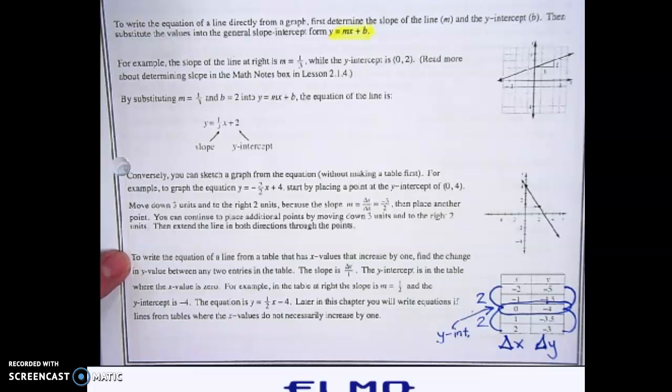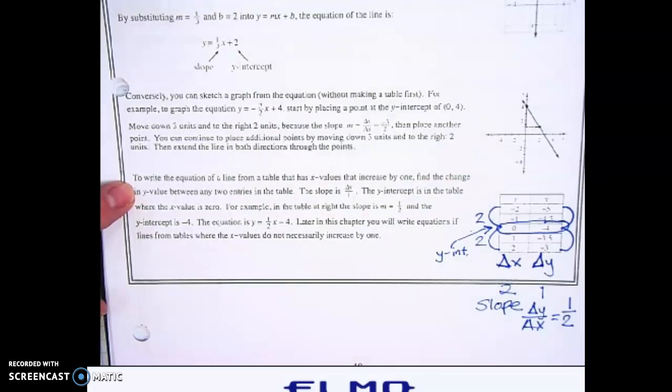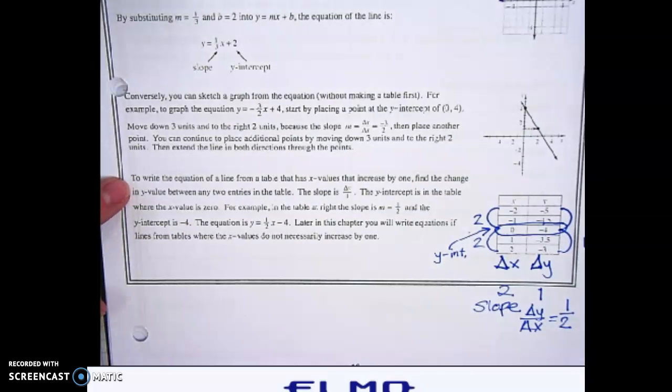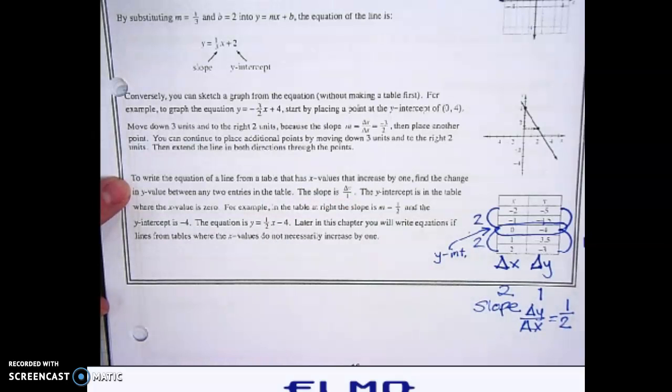To write the equation of a line from a table that has x values that increase by 1. Find the change in y value between any two entries in the table. The slope is Delta y. delta 1. Delta y. Delta y. Intercept is the table where the x value is 0.